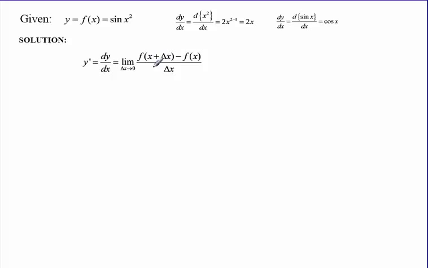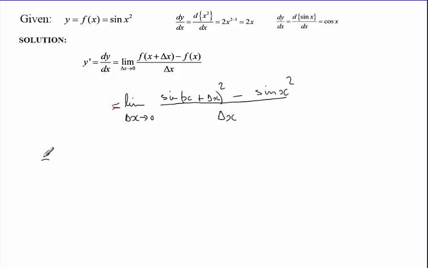We would evaluate this function here. Then we evaluate this function at a point like this, and keep the limit here, which means we're going to have a limit as change in x is going to 0. In the numerator, we're going to have sine of (x squared plus delta x), but in this case it is sine of x squared, which means this is what is squared, minus sine x squared, all divided by delta x.